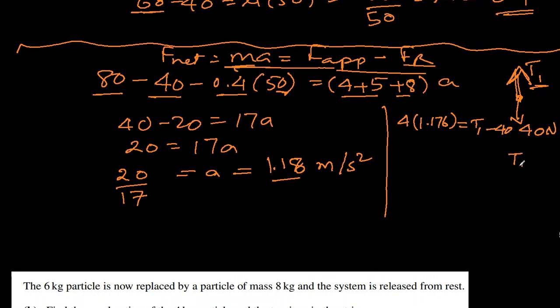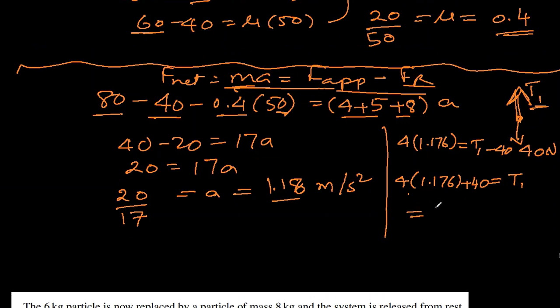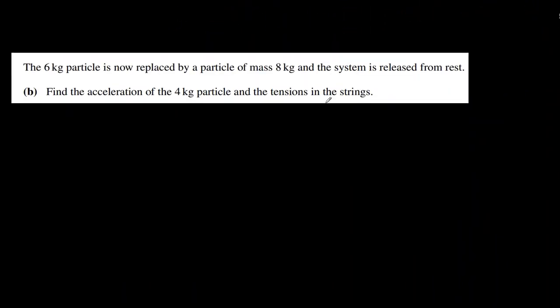So T1 stays on the right side, 40 goes there. 4 times 1.176 plus 40 will be the tension. It comes out to be 44.7 newtons.